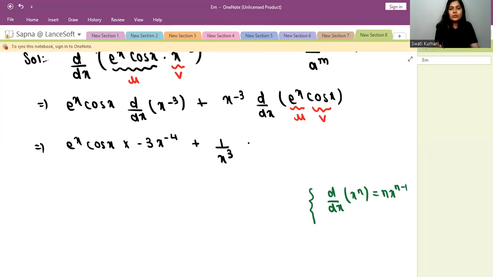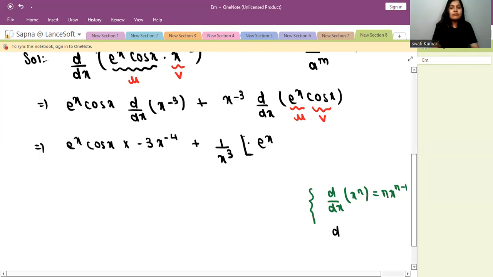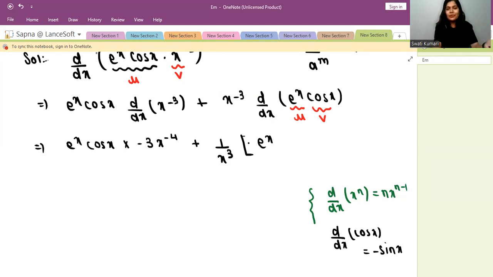So assuming this as u and this as v, again we can use the product rule. If I keep u constant, that means e raised to x constant, we have to do the derivative of cos x. We all know the derivative of cos x is negative sin x. Using this formula, we can skip one step here and directly write the derivative of cos x, which is negative sin x.